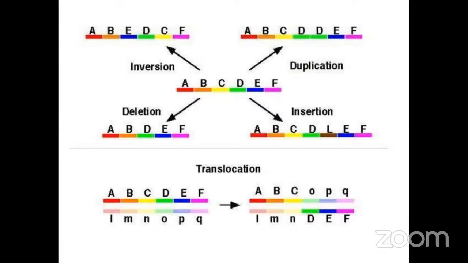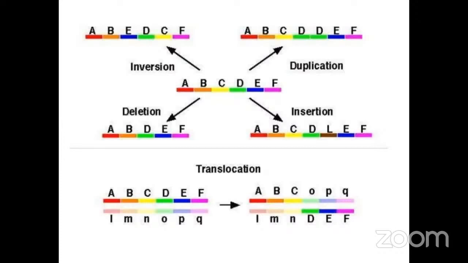The native gene sequence was A, B, C, D, E, F. The homologous chromosome had the gene sequence L, M, N, O, P, Q. When the translocation has happened, there is an exchange of genes between the non-homologous chromosomes. Right now you can see on one chromosome capital A, B, C, and small O, P, Q. That OPQ gene has come from its non-homologous chromosome. That means there is an exchange of genetic material.